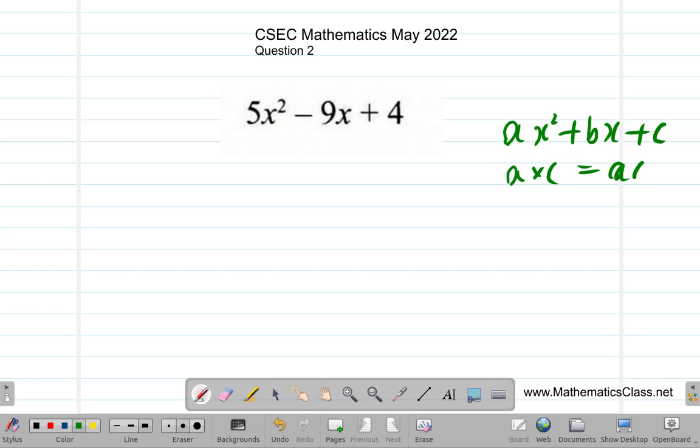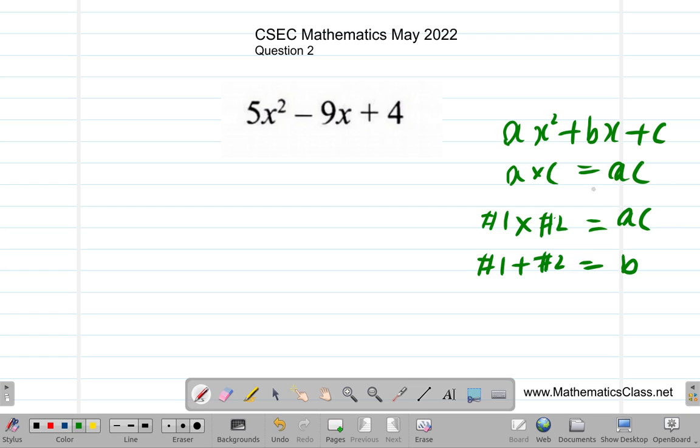That gives you AC. It's the AC method. Then you think of two numbers, number 1 and number 2. You multiply these two numbers to get AC. Then you add them together and they give you b.